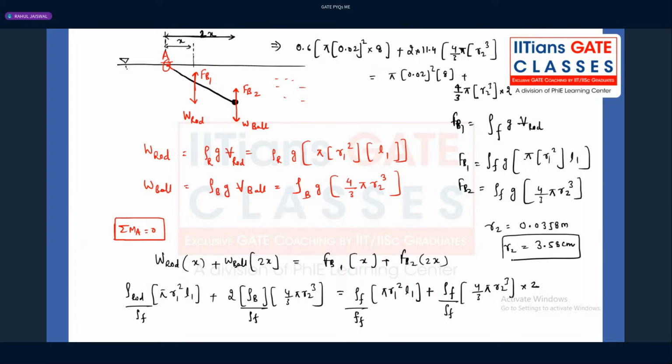That is the r2 value. You can do the calculations and simplify it. Let me do that. 0.6 into pi into 0.02 square into 8.